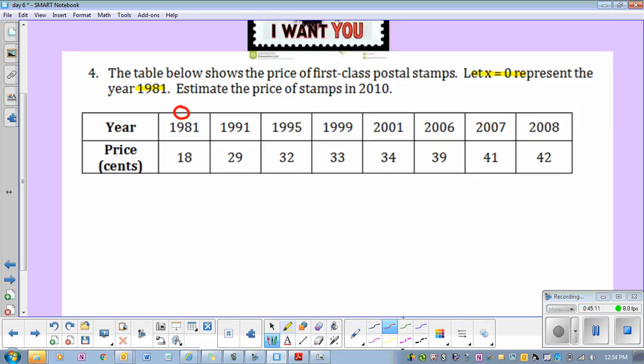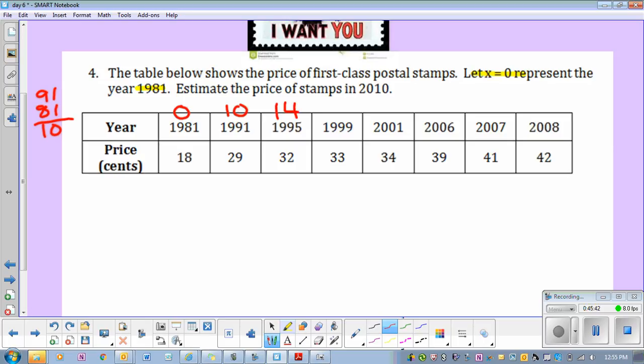Well then, what is 1991? How many years after? What's 91 minus 81? 10. So then this is 10. Does that make sense? Then what is 1995 minus 1981? How many years after? No, it's not 4. What's 95 minus 81? It's 14.